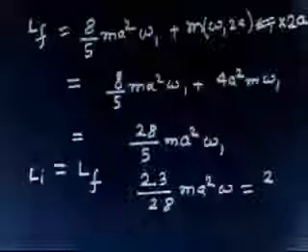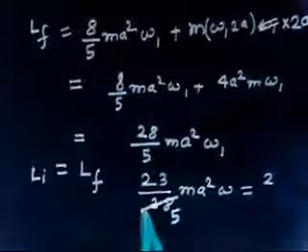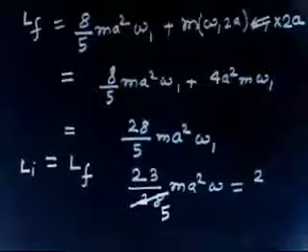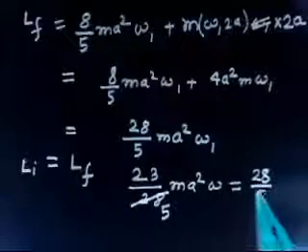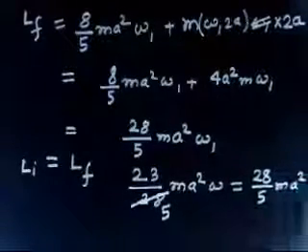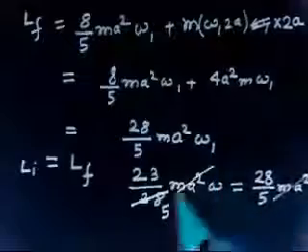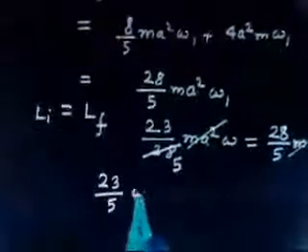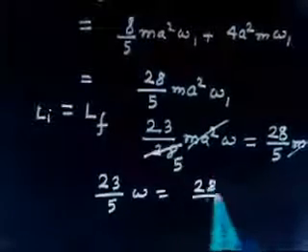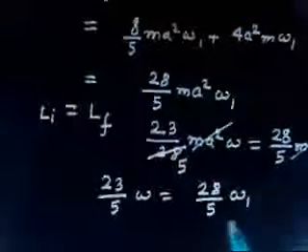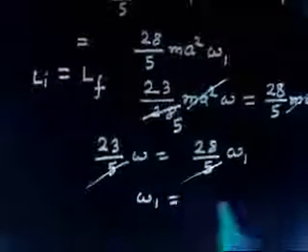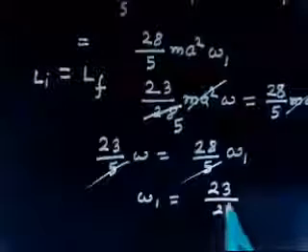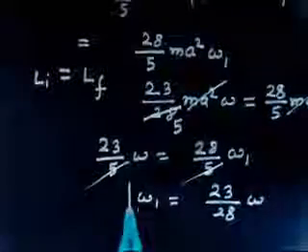So 23 by 5 ma square omega is equal to 28 by 5 ma square omega 1. So ma square goes out, and we have 23 by 5 omega equals 28 by 5 omega 1. From here I get omega 1, 5 also goes out. So omega 1 is 23 by 28 omega. This is the relationship between omega and omega 1.